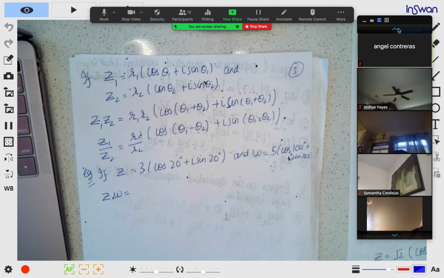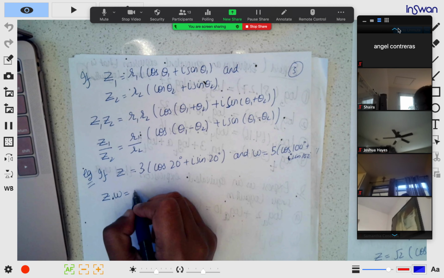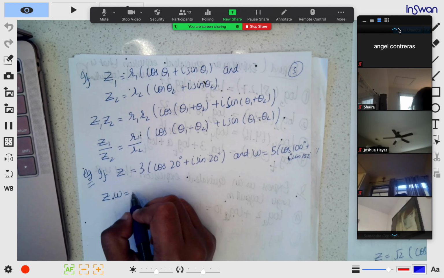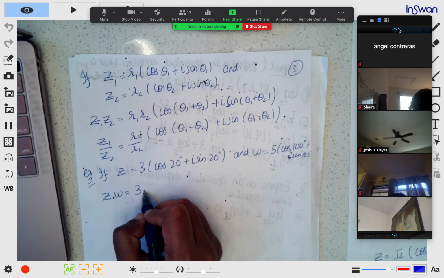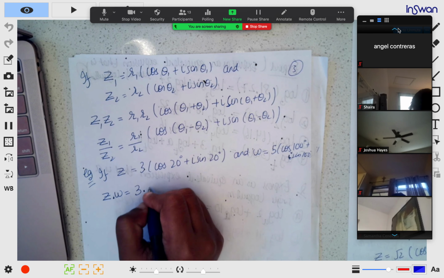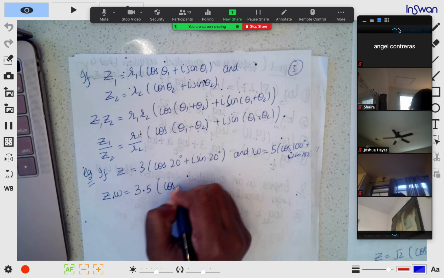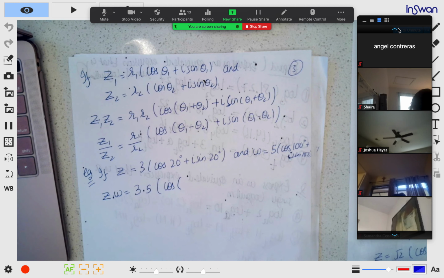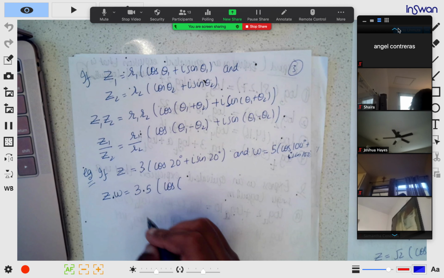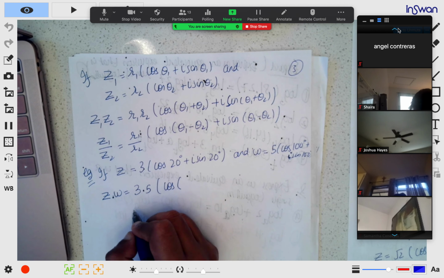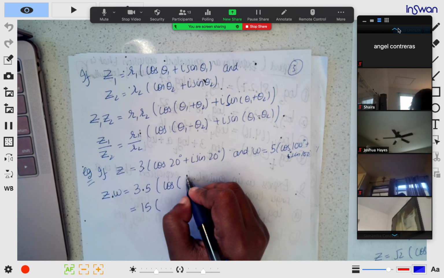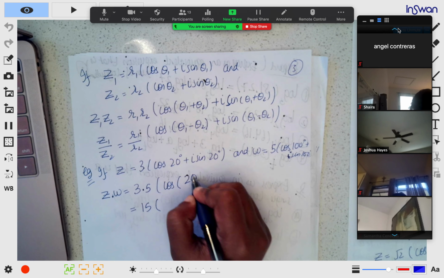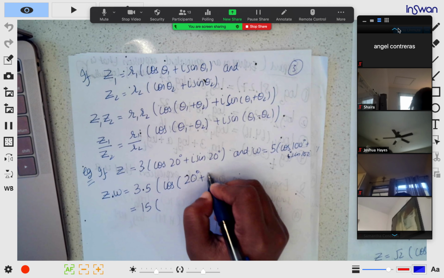Okay, so r1 would be 3. Mm-hmm. r2 would be 5. Okay. So they would be multiplying. Yes. So that would be 3 times 5. In parentheses would be cosine 20 degrees plus 100 degrees. Perfect.